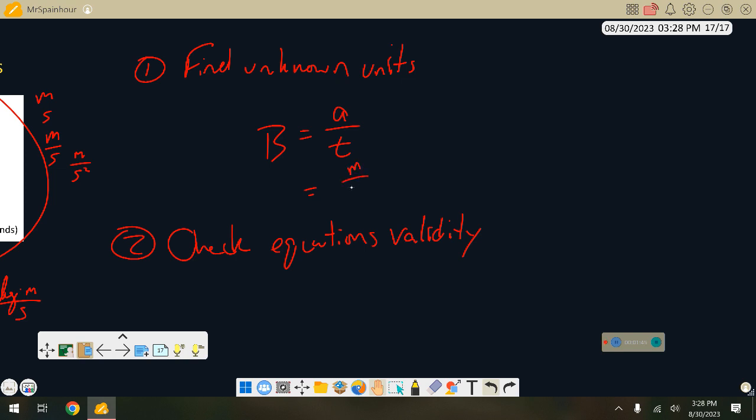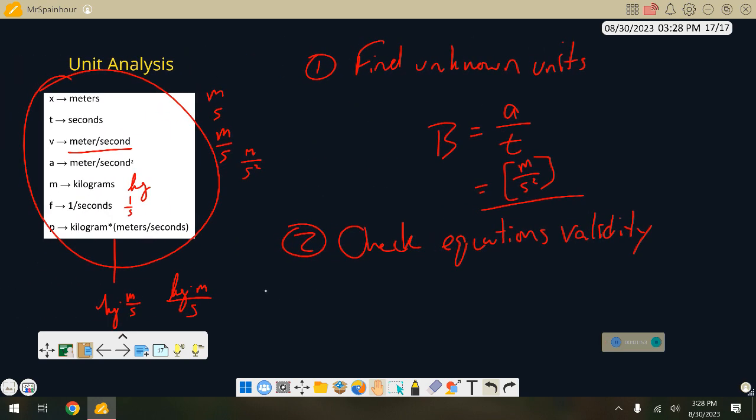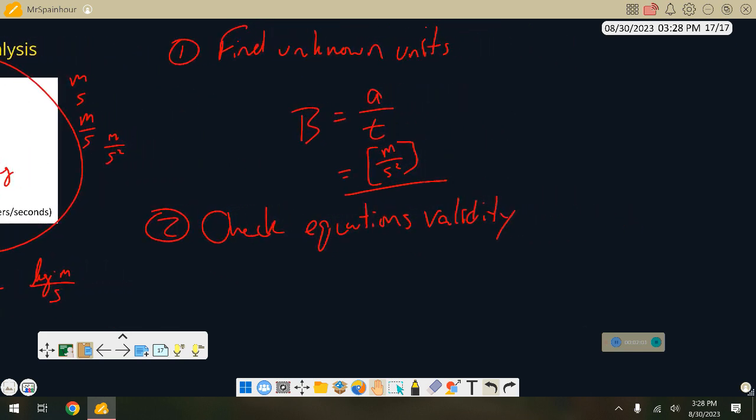So a is meters per second squared. By the way, it's probably not the worst idea to copy down those units. So maybe hit pause real quick, because I'm going to move and you're not going to be able to see this the whole time. So once again, A's units are meters per second squared, and T's units are in seconds.